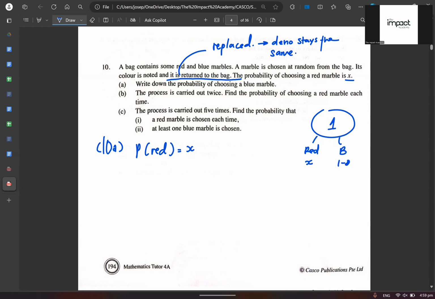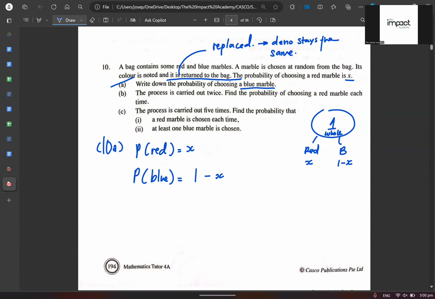My blue will be 1 minus X. This means the probability of me choosing a blue marble is going to be 1 minus X, because the total probability is always equal to 1 whole. You must understand that.